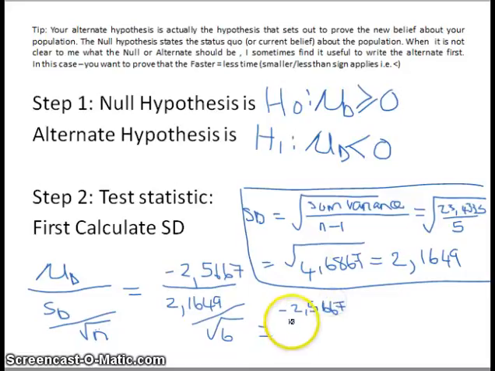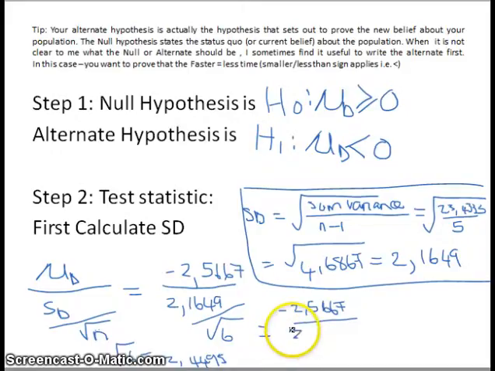The square root of 6 is equal to 2.4495.